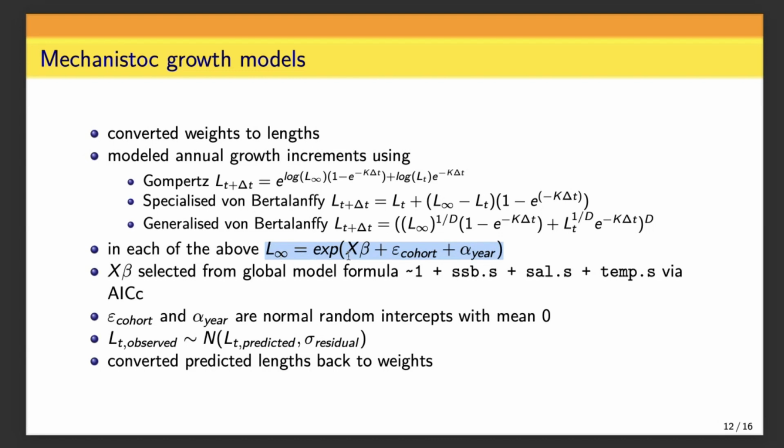And this is just a linear mixed model inside of it, where x beta is, x is a design matrix depending on your formula, whatever formula you want to use, and then beta is a vector of the estimated coefficients. And this is just a flexible framework that's used in all of the linear modeling packages.